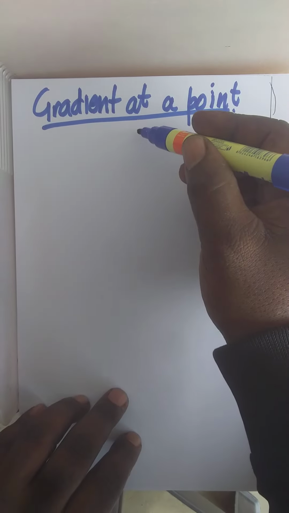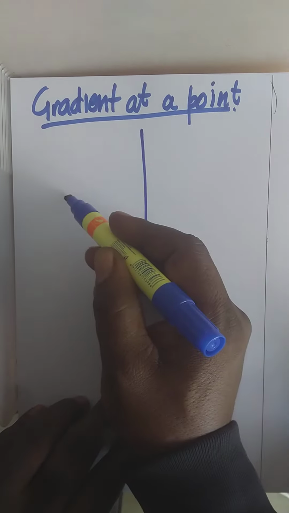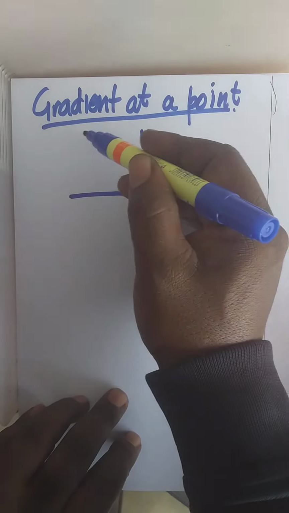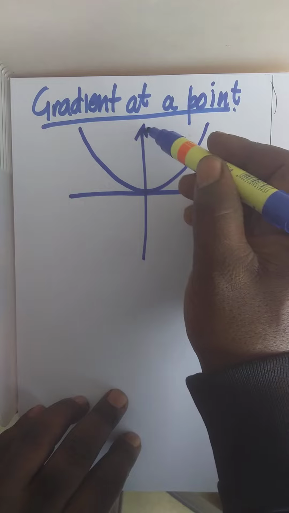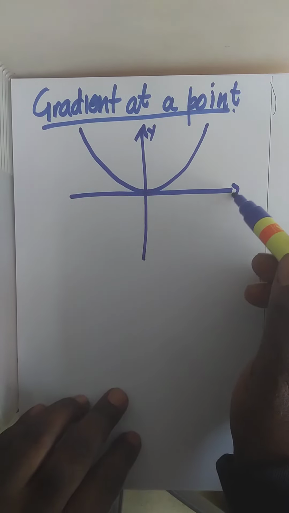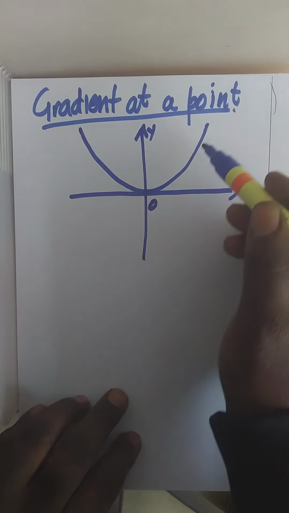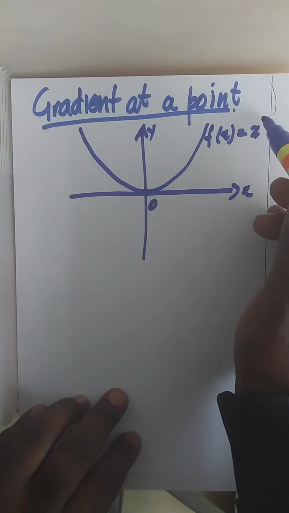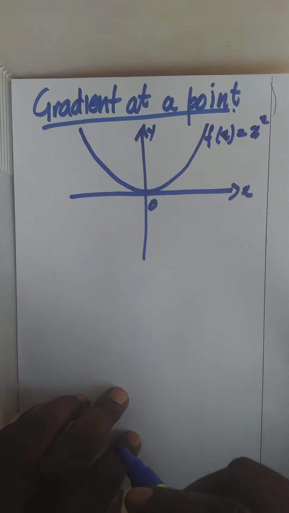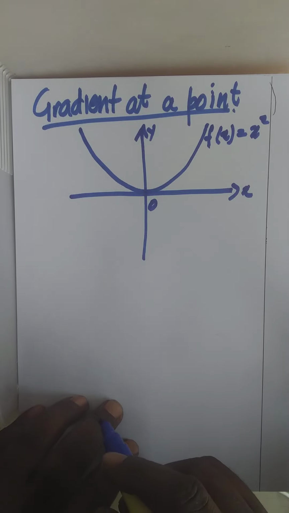Let me once again go back to this sketch. You remember I talked about, I will take a very simple example of f of x equals x squared.